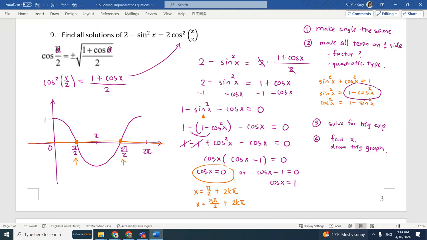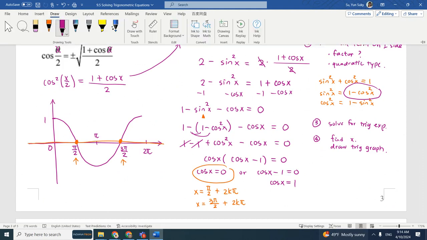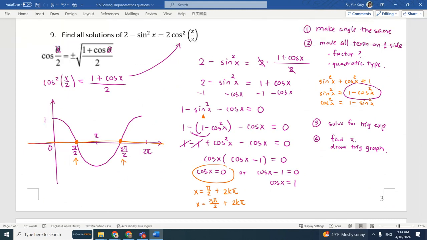Why don't you also put... Oh, we haven't finished yet. Sorry. The next one, we have cosine x equals 1. So where's 1? Here. And that corresponds to x is 0. You're right. So 0 plus 2k pi.